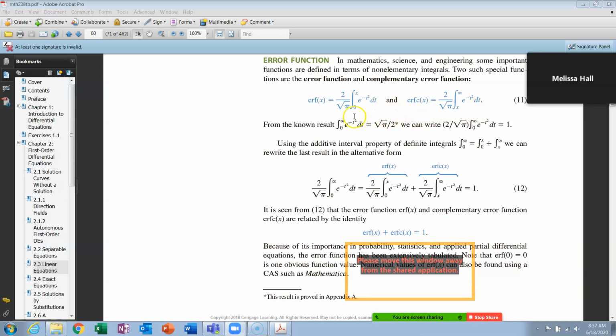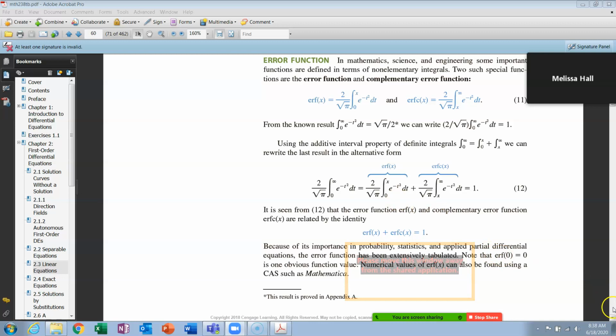And there's the complementary error function. And if you notice, this one goes from 0 to x. This goes from x to infinity. So basically, the two of these have the probability that everything could happen between 0 and 1, and that's a probability of 1. So the sum of those has to equal 1. So the error function is going to be a number less than 1, and the complementary error function is going to be a number less than or equal to 1, but they've got to add to be 1.